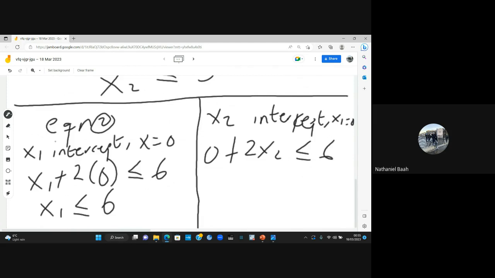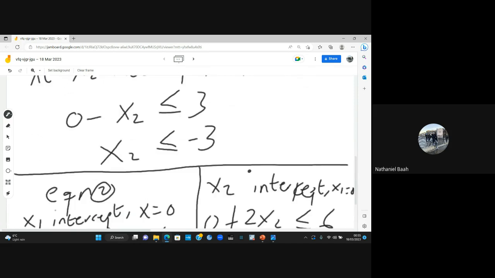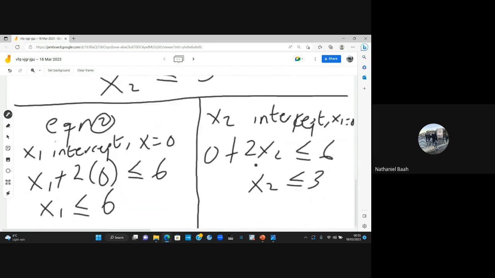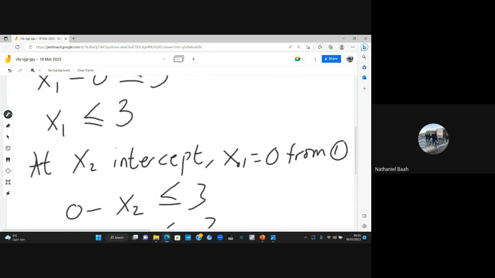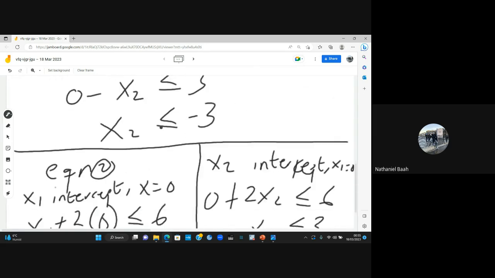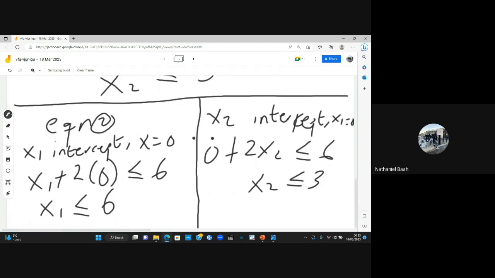So we are going to get x2 less than or equal to 3. That is after you've divided both sides by 2. Great. So what we will do right now is to plot the values here, the decision values, on our Cartesian plane. So I'll go to a fresh page.